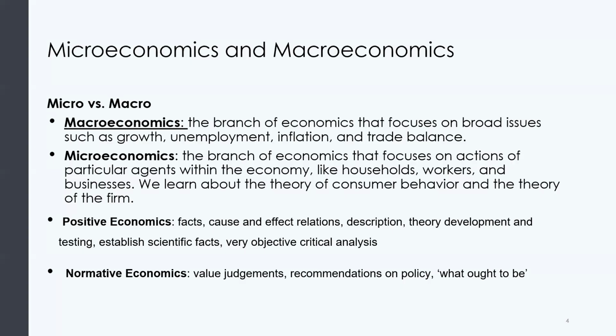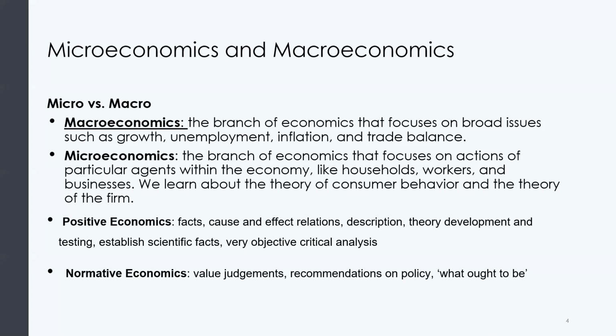So for example, the choice that I make whether to buy bread or not to buy bread, that's a microeconomics question. The choice that Spar is to make whether to charge 15 Rand for the bread or 20 Rand for the bread, that's a microeconomics question that they are answering, right?